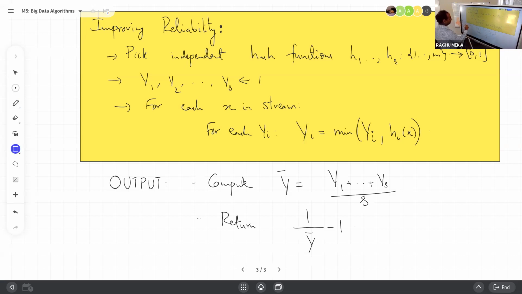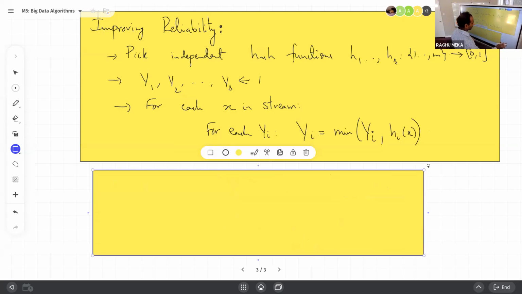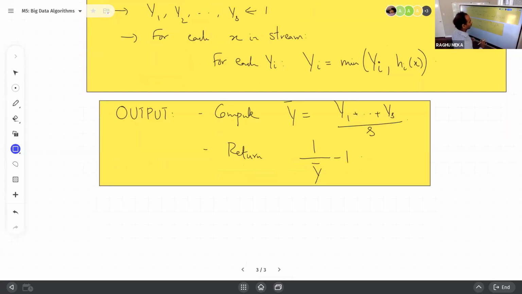I want to end with one very useful trick about boosting reliability, right? So let's see what this buys us, what it helps us say about how good our estimator is.